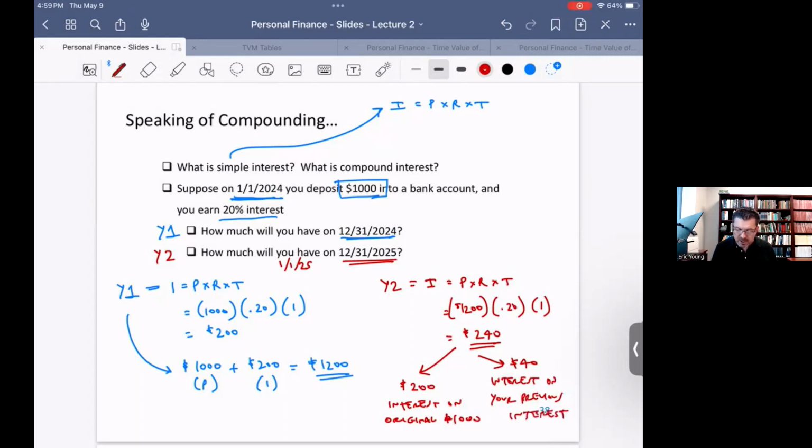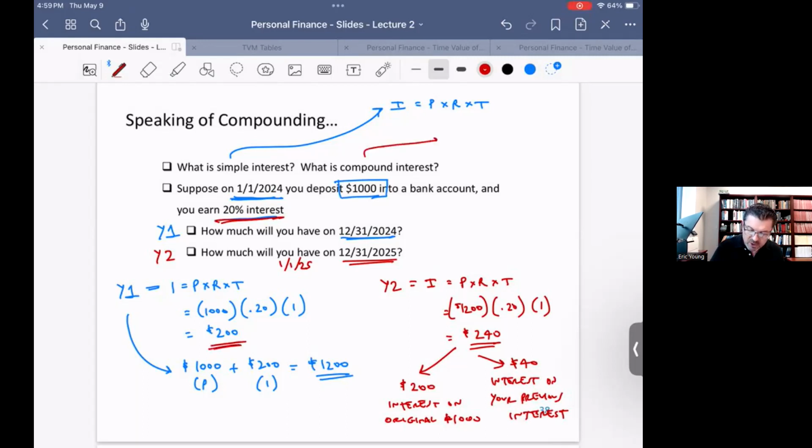Remember, in the first year, you made $200 of interest. Well, when you left that money in the bank, you earned interest on that interest. 20%, which is your interest rate, multiplied by the $200, that's the 40. And that, my friends, is what compound interest is.